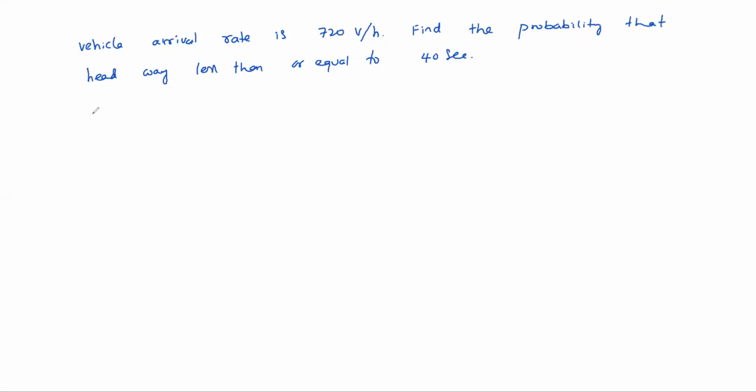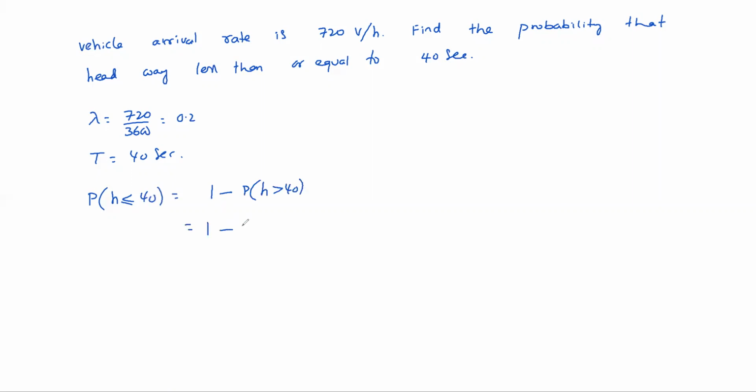Now lambda equals 720 by 3600, that equals 0.2, t equals 40 seconds. So less than or equal to means probability of h less than or equal to 40 seconds is nothing but 1 minus probability of headway greater than 40 seconds, right?